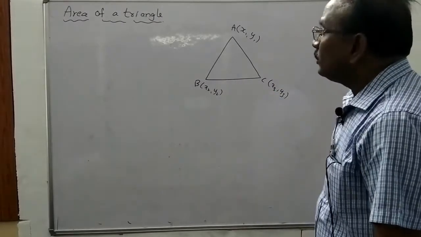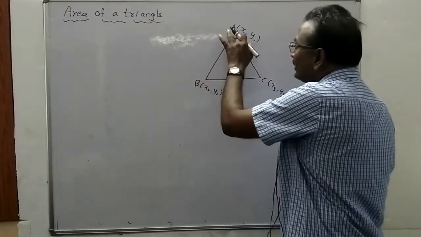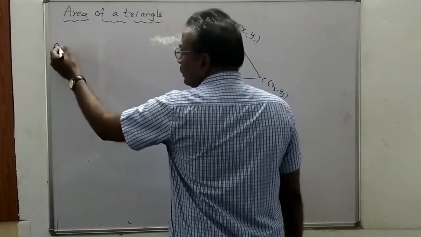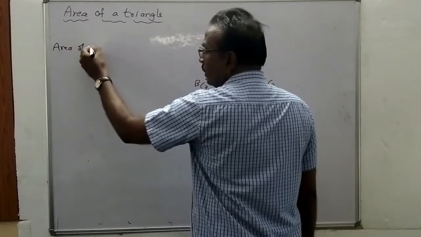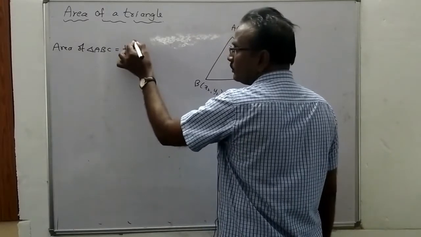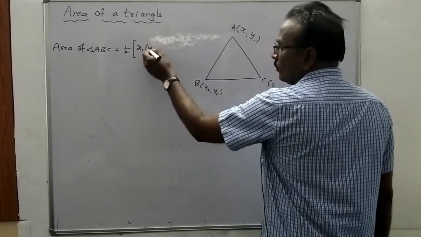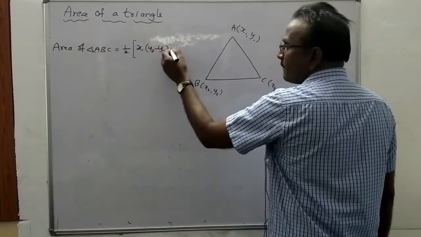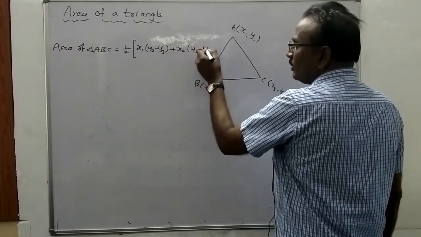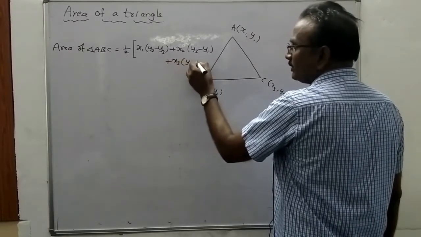What is the formula to find the area of a triangle in geometry? If we know the vertices of a triangle, (x1, y1), (x2, y2), (x3, y3), the area of triangle ABC is equal to half into x1 into (y2 minus y3) plus x2 into (y3 minus y1) plus x3 into (y1 minus y2).